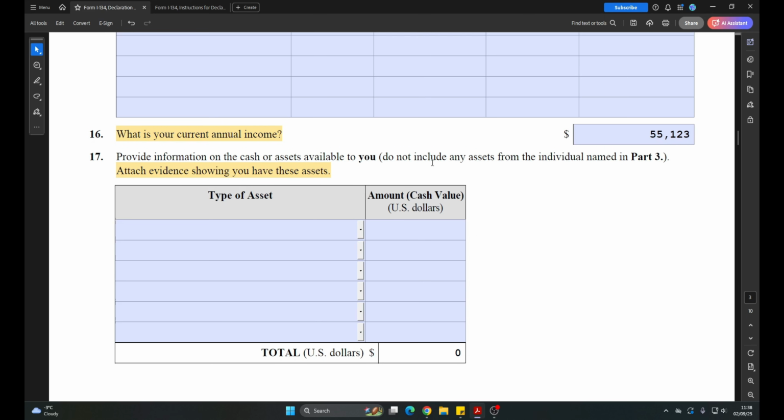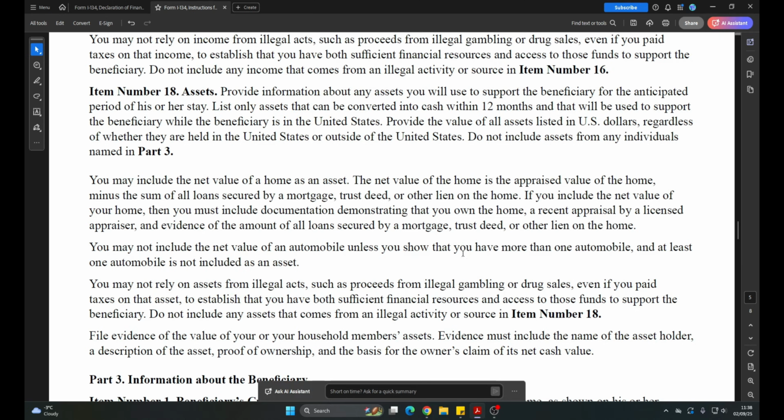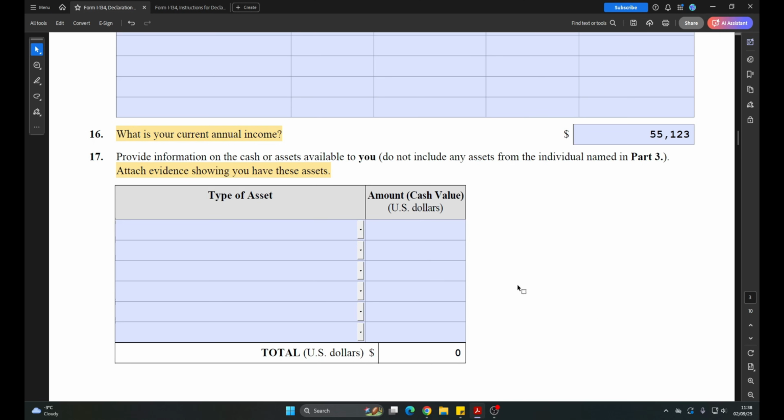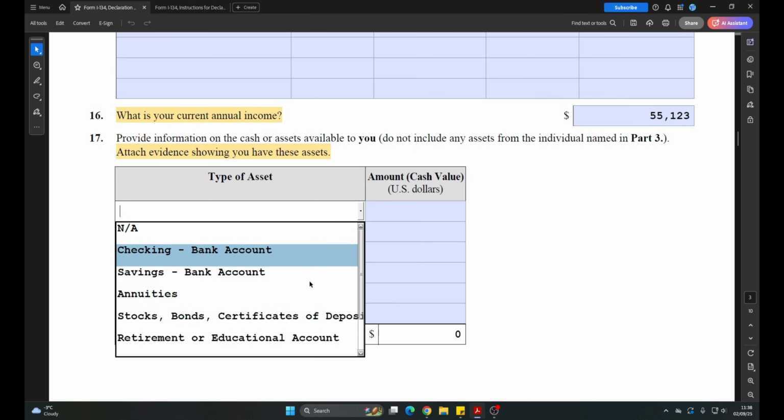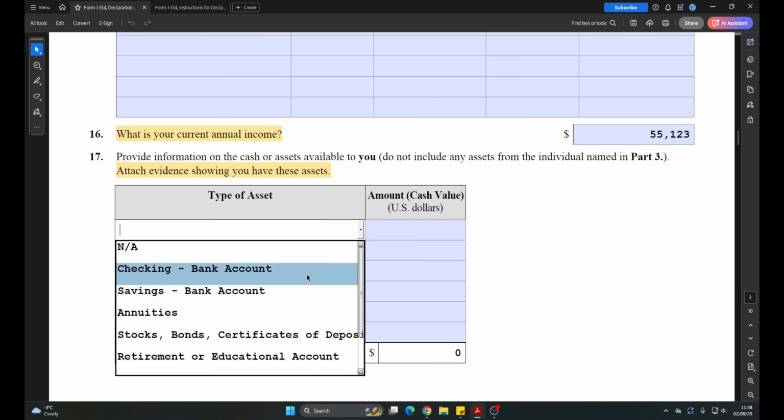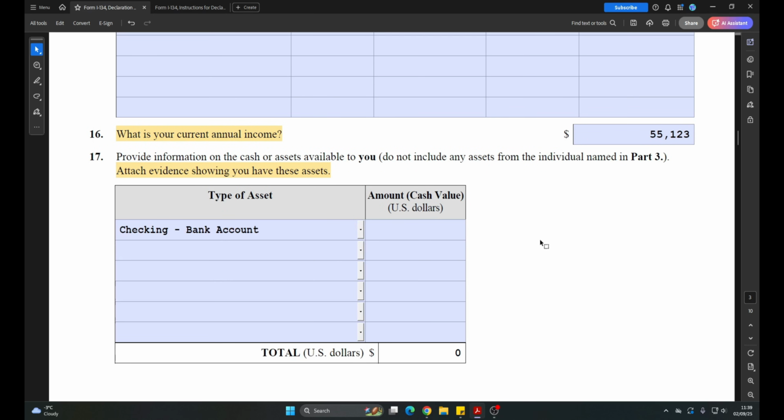And in most cases, due to the evidence that you must submit of these assets, most supporters choose to only attach the type of asset that is easy to prove, such as a checking or a savings bank account.